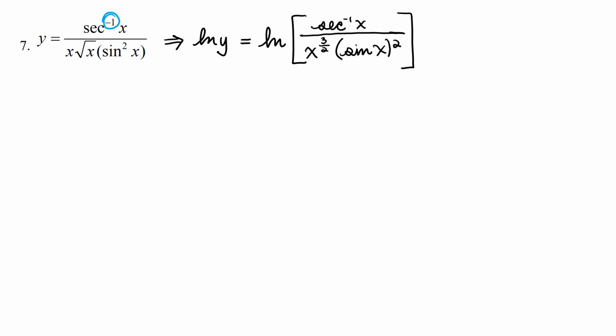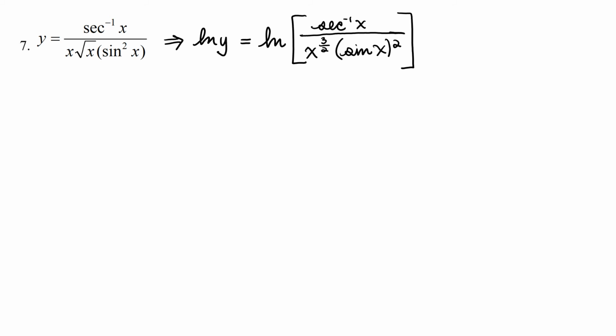But if we have this -1, that means it's an inverse function, not the reciprocal. This means that we have arcsecant. So the inverse of secant, not the reciprocal of secant. So that inverse secant x has to stay in inverse secant x because that -1 is not a power.